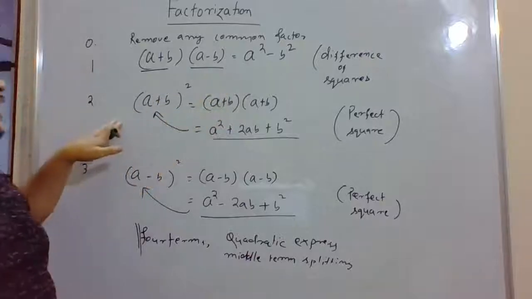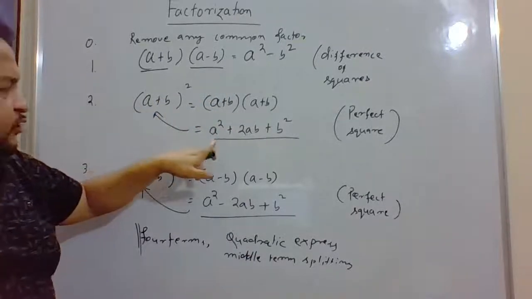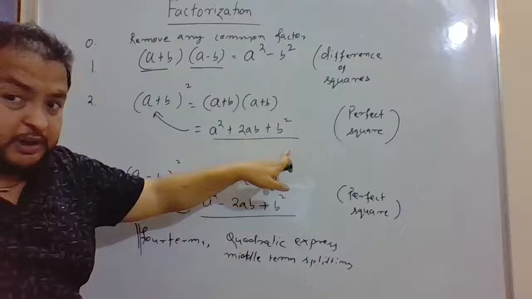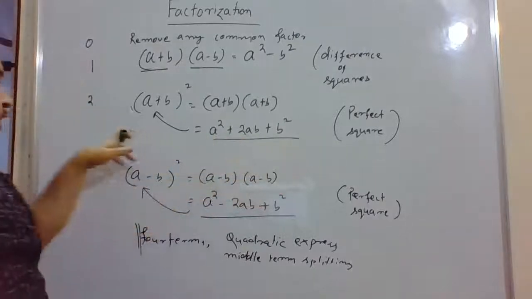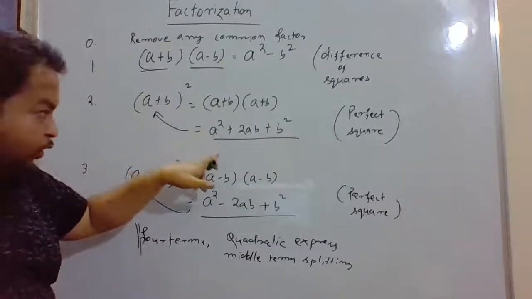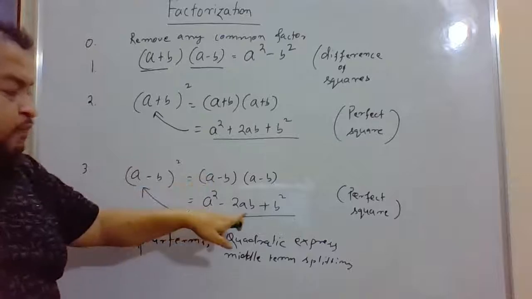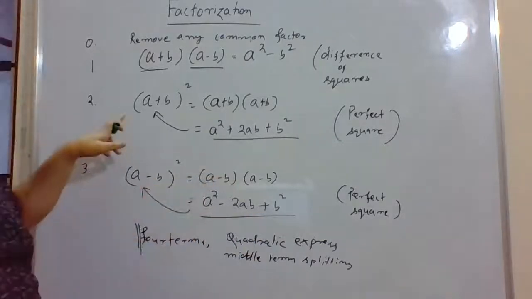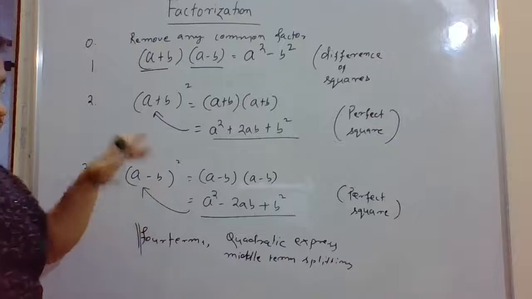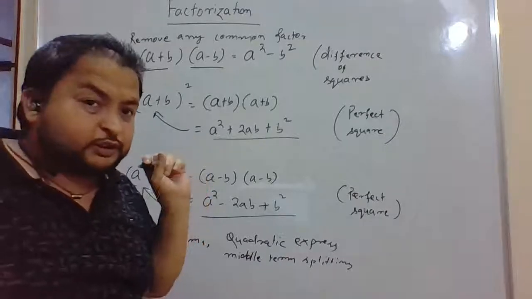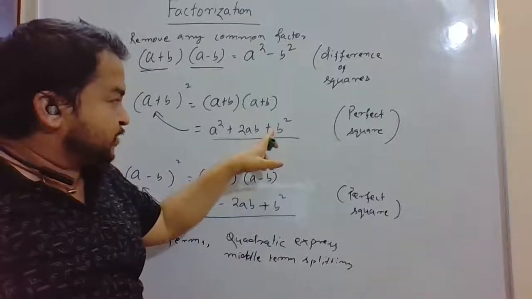If it can be expressed as a squared plus 2ab plus b squared, very good. That means it is a plus b whole square. Or if it's a squared minus 2ab plus b squared, then it will be a minus b whole square. Sometimes one mistake students make is that this last term is b squared.